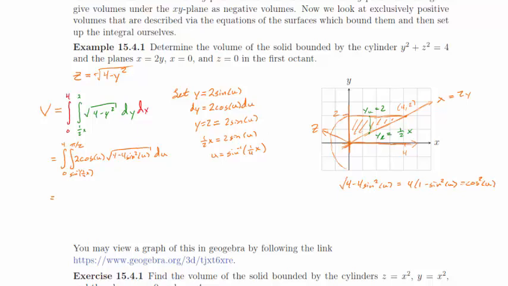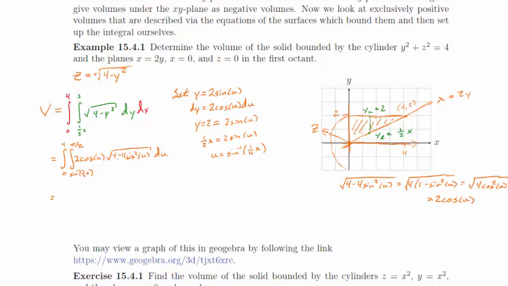We're taking the square root of this. Oops, I forgot the 4 here. This is the square root of 4 cosine squared of u, so this equals 2 cosine of u.